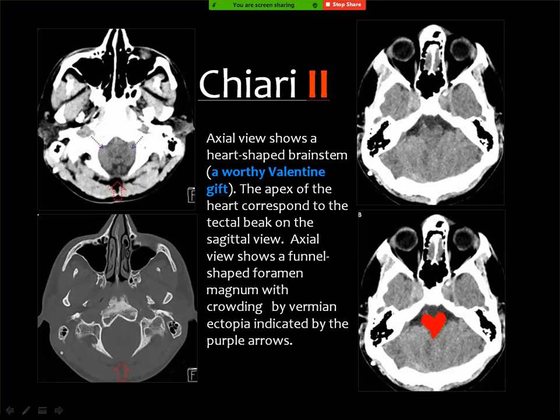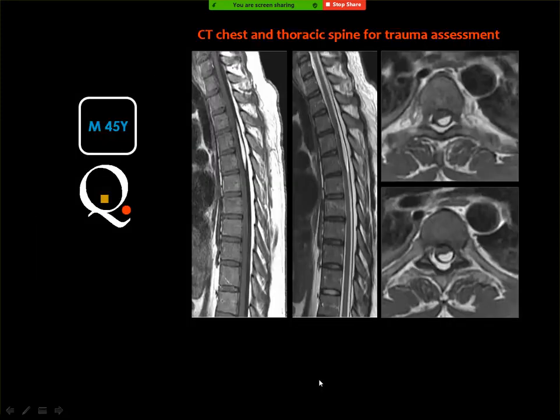And this is one of the signs, as mentioned by the literature, known as the Valentine gift, where you see that the brainstem looks like a heart shape. And this is because of the downward traction on the tectum of the brain due to herniation of the fourth ventricle. Okay, what do you think of this case?